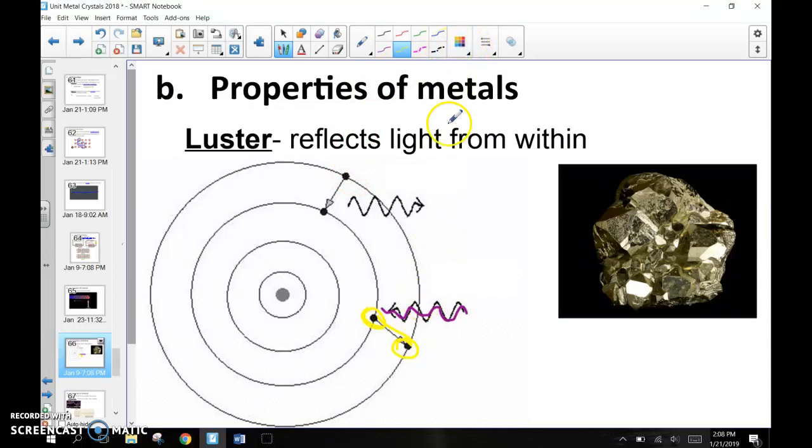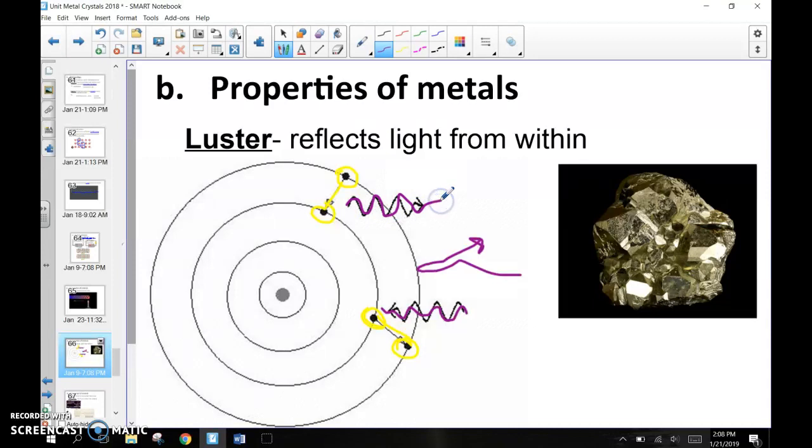Now, a lot of things just absorb that. In a regular material, that energy comes in, reflects off, and comes back out. That's regular reflection. But with these metals, that electron will then fall back down to its original energy state, lose that energy, and then the energy is released again.